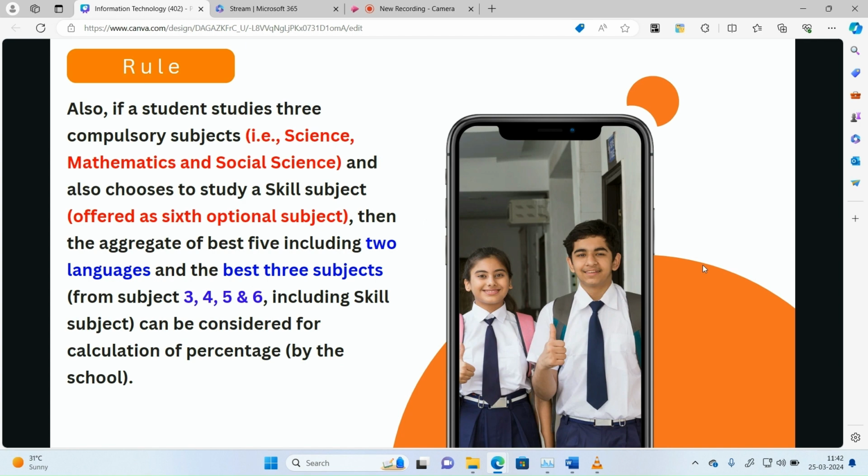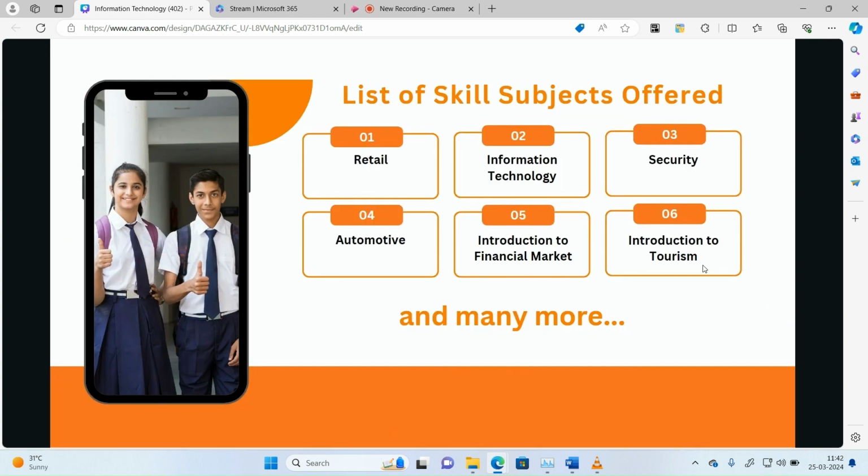Now let's see which are the other skill subjects which are offered. You can see information technology is one of them, and you have retail, security, automotive, introduction to financial market, introduction to tourism, and many more subjects. So these are the subjects.